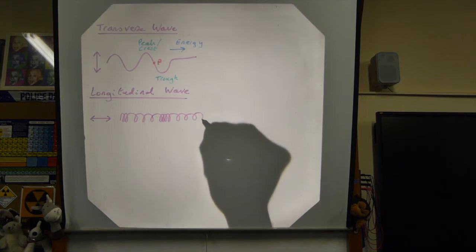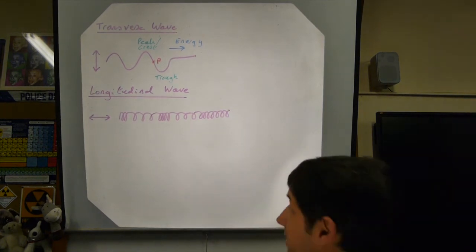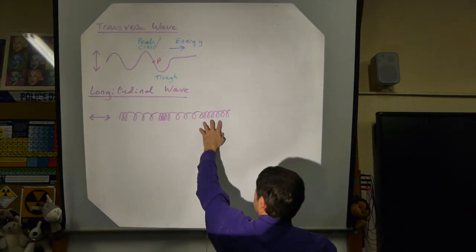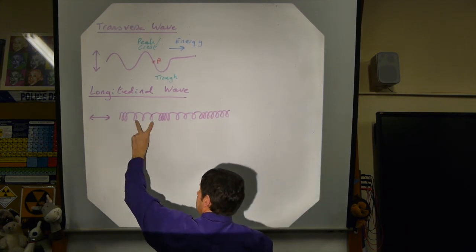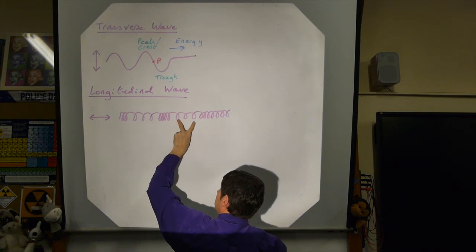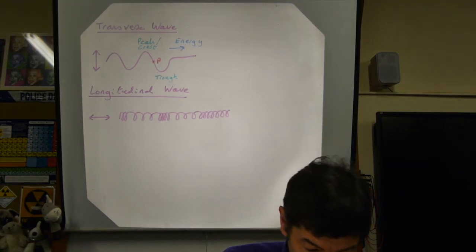And then what I'm trying to draw, and not doing very well, is this bit of the slinky spring. Nothing's really happened there yet. Okay, so we've got a crushed up bit, an expanded bit, a crushed up bit, an expanded bit, and then here we've just got the normal slinky spring coils side by side.